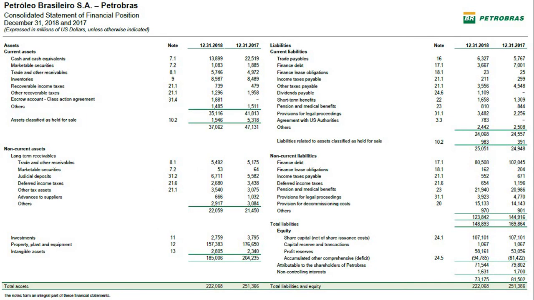So we have here an example of a statement of financial position for a particular entity. As you can see, we have assets and liabilities and equity. Here in the assets, these are classified as current and non-current assets.